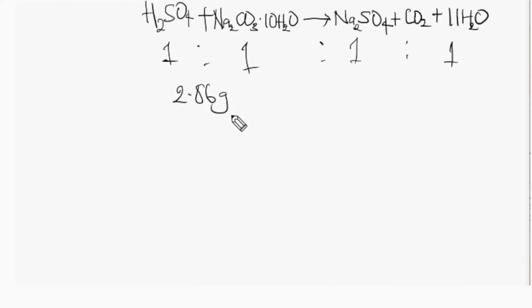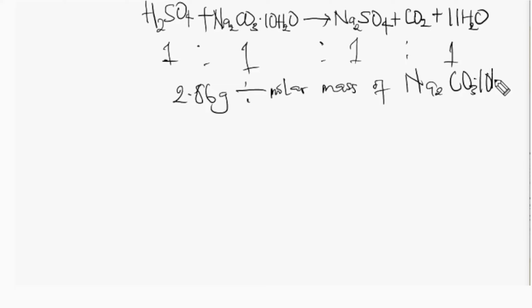So let's go ahead and write it down here: 2.86 gram. In order to get the number of moles of this, we're going to divide this by the molar mass of this sodium trioxocarbonate 4 decahydrate.